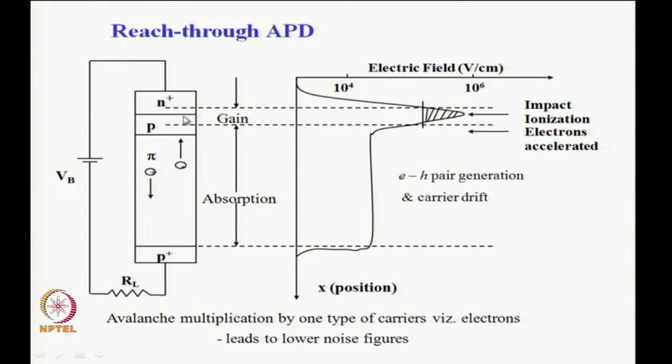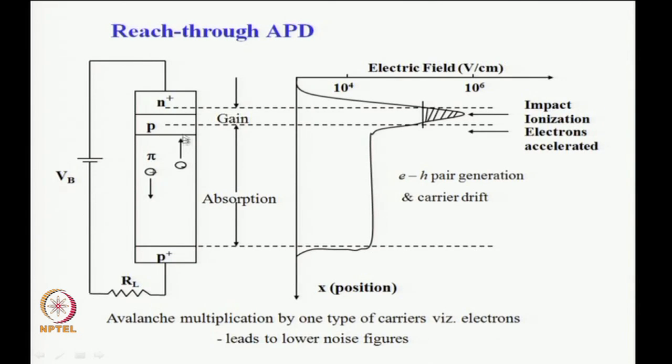The secondary electrons which are generated are further accelerated and collected by the electrode here. The holes which are generated move in this direction, but they are moving in a region where the electric field is not strong enough to create an additional avalanche process.